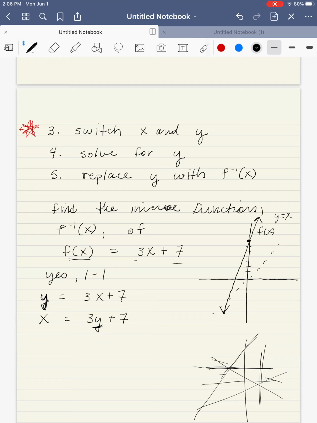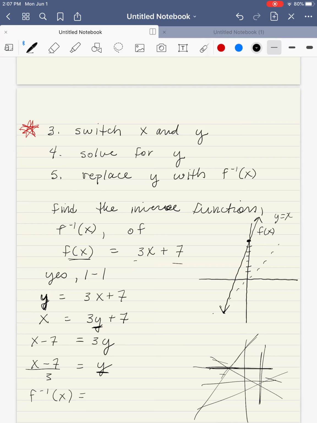But I need to write it as a function, so I need to isolate that y. And I can do that by subtracting 7 from both sides. And now dividing by 3 on both sides. This y is my inverse function.